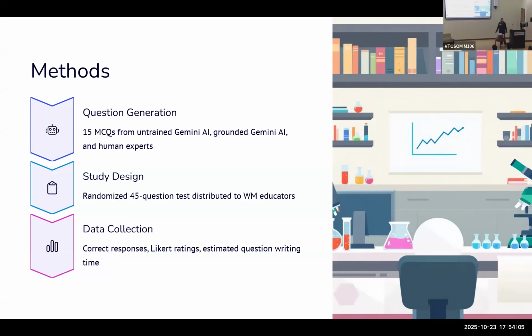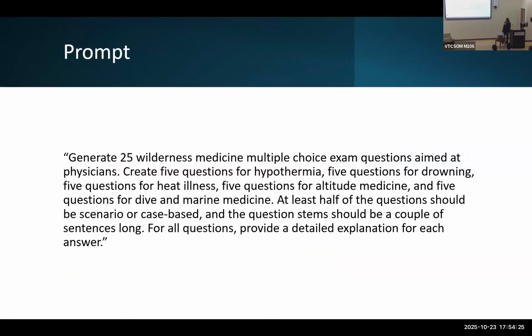And we created a web-based test that we sent out to all of our colleagues in various wilderness medicine educator groups, with SAEM, ASAP, and the Wilderness Medical Society. We collected our data, looking at the correct responses to the questions, and then looking at how people rated the questions. That's what we were really interested in. And then the estimated time savings.